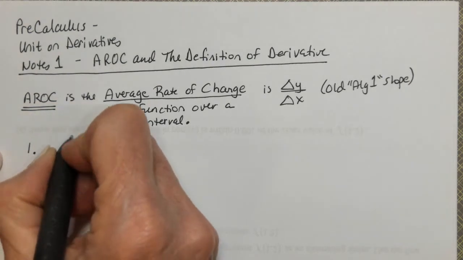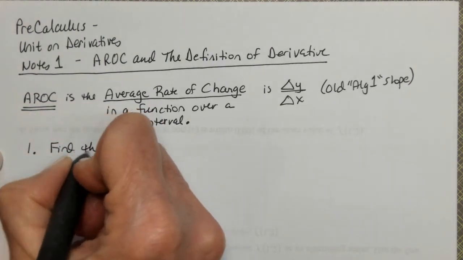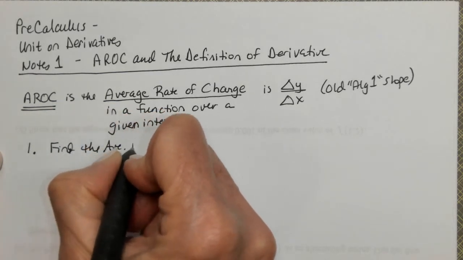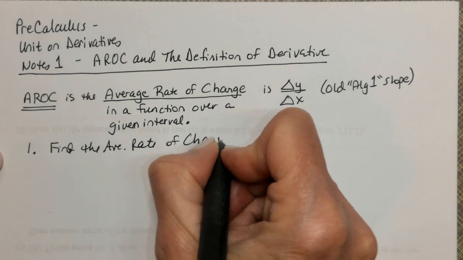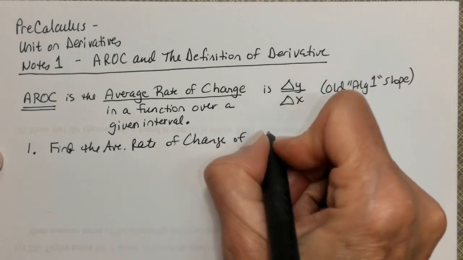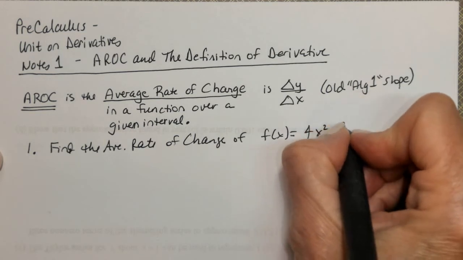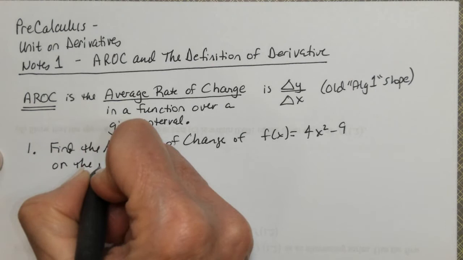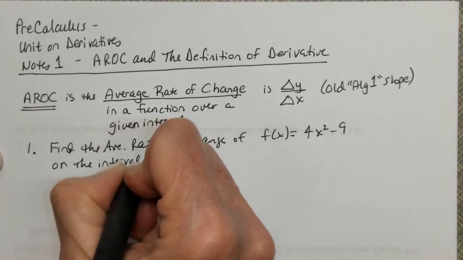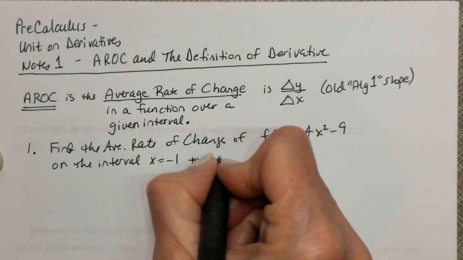Let's say that they ask us to find the average rate of change of, let's say, f of x is equal to 4x squared minus 9 on the interval, let's say from x is negative 1 to x is 3.